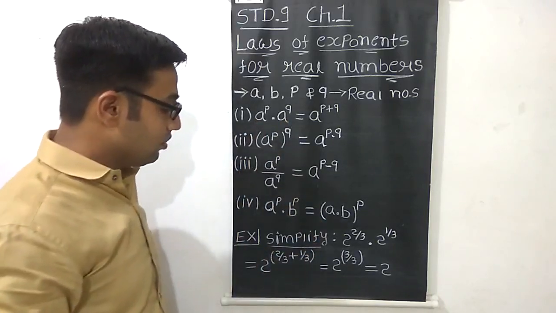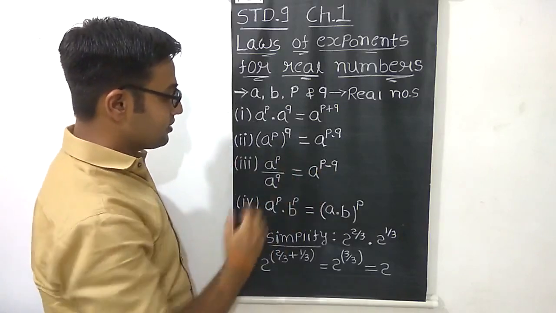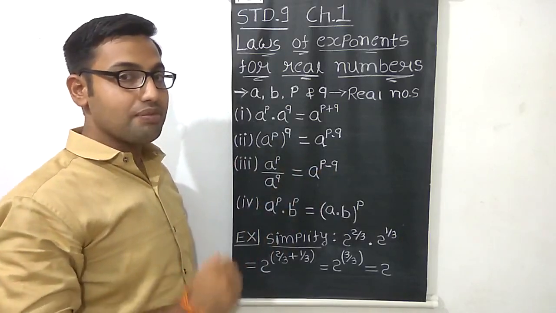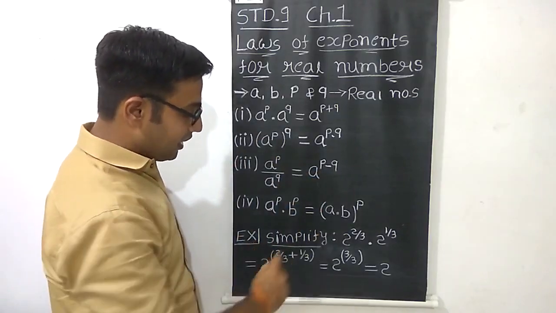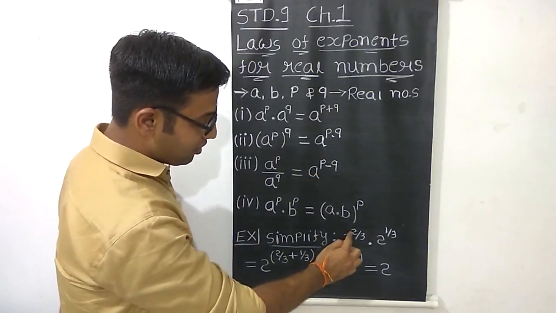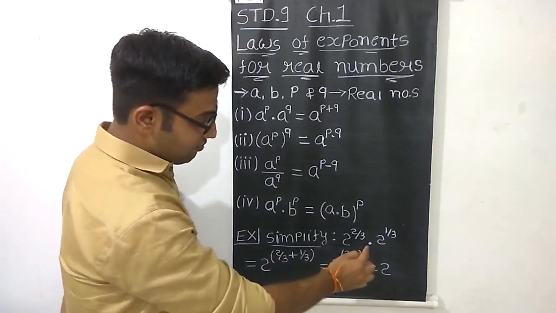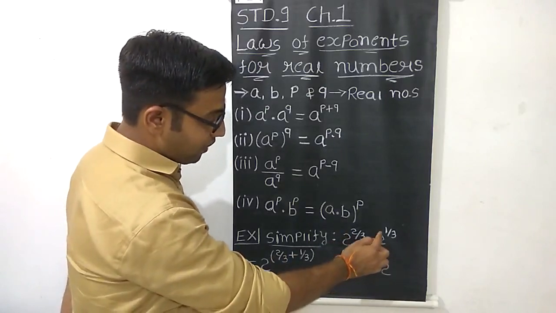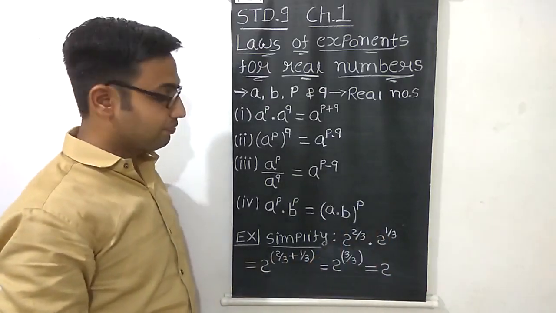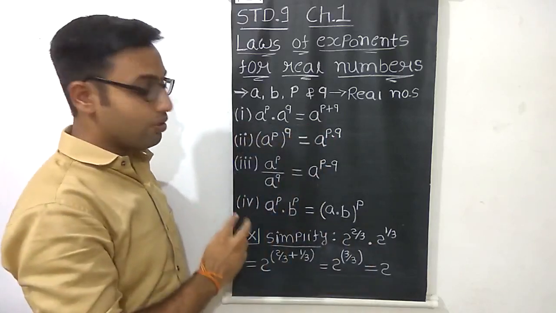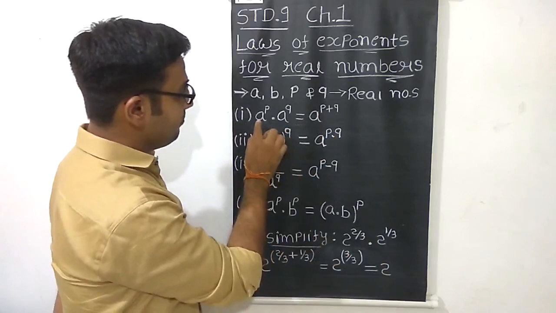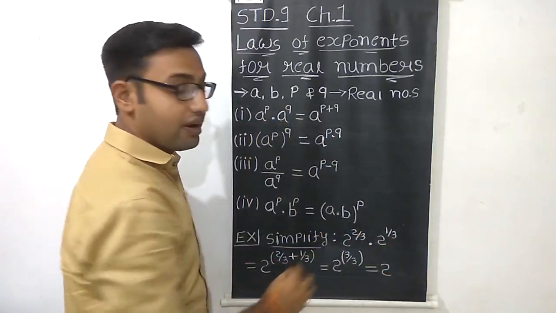To understand these laws, let's see some examples. The first example: simplify 2 raised to power 2 upon 3 multiplied by 2 raised to power 1 upon 3. To solve this we will use the first law, because the base is the same but the power is different.